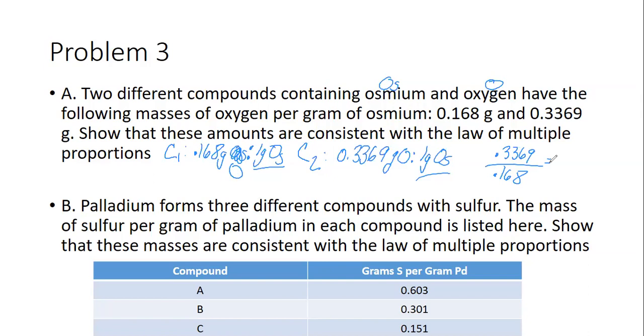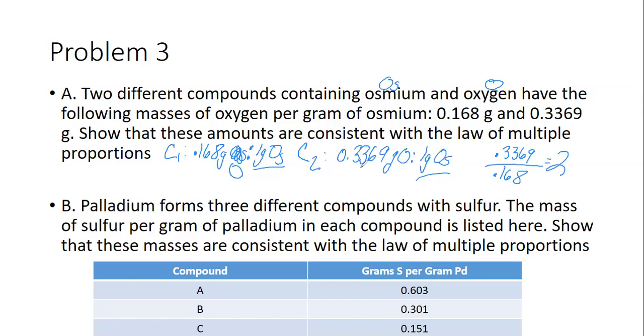And you get 2.005, which is close enough, which is basically 2. So yes, these two compounds are consistent with the law of multiple proportions. Yeah, 2.005. So just round to 2 when you're that close to a whole number.